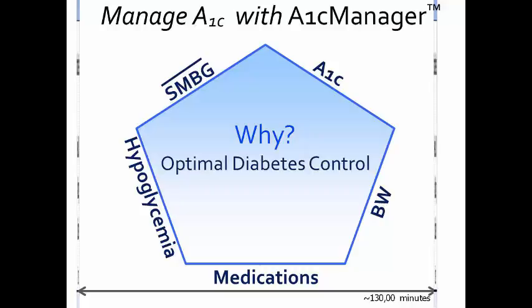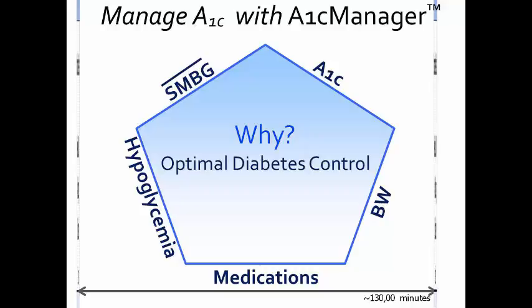The first one in optimal diabetes control is that your mean blood glucose levels, and by mean blood glucose we mean the average before breakfast over the last week, the average after breakfast over the last week, and so on, are all within the target range.